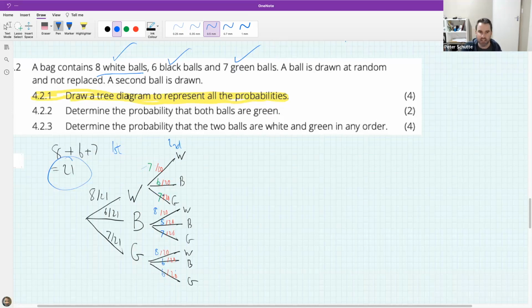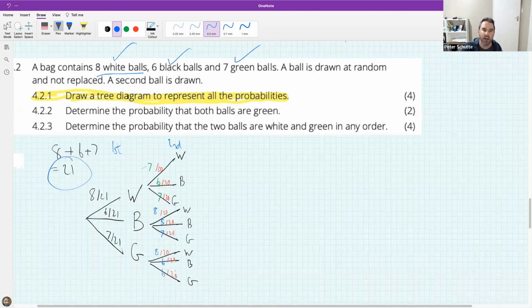It's 6 out of 20 and 7 out of 20. Whereas on this branch, you affect the black one. There's still 8 white balls because you chose a black. But then on the black line, it's 6 minus 1 to give you 5. So that's what this is doing.